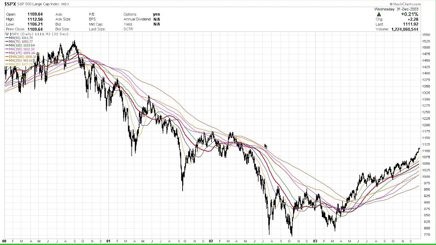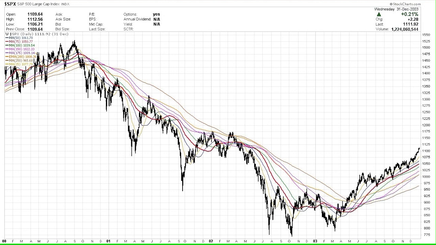Now also I wanted to take a quick look at some other graphs. I went back to the dot-com bust. Here's the dot-com bust right here. What you have to notice here is how all these moving averages get all entangled, and you start to break down below the moving averages, and boom, you go into a bear market. But then the mirror image at the bottom, you're getting all this tangling that it comes out of, and then you start to get smooth lines.